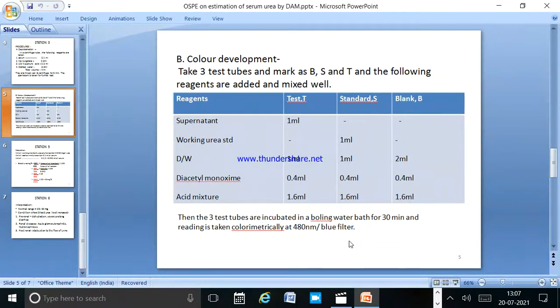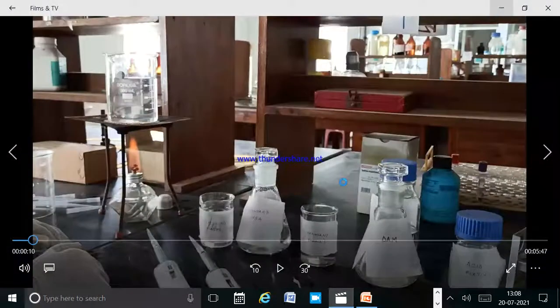The solution is measured at 480 nanometer wavelength using the colorimeter, first setting the blank at 0. Go through the steps you see.